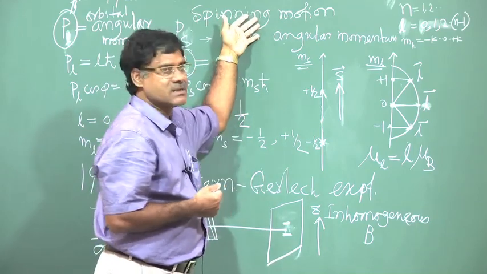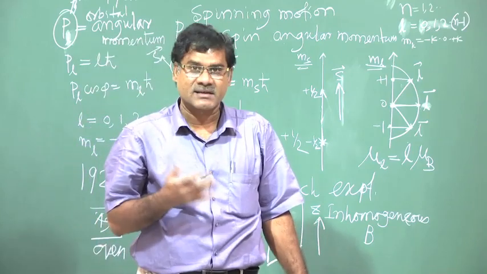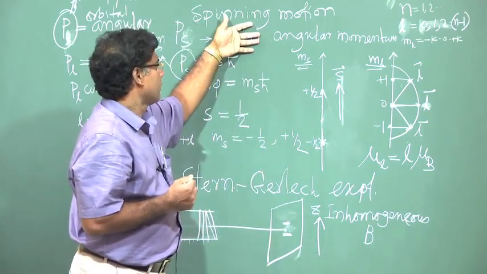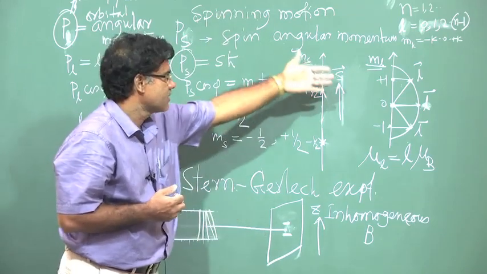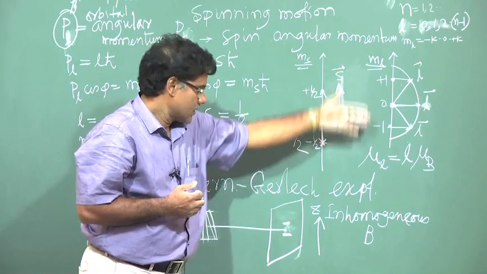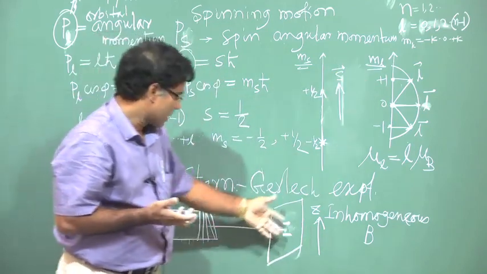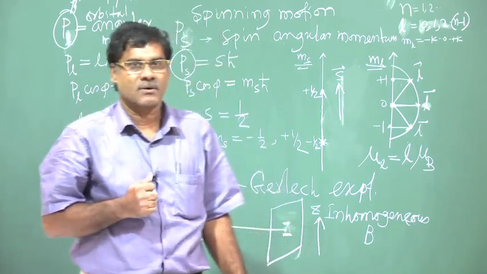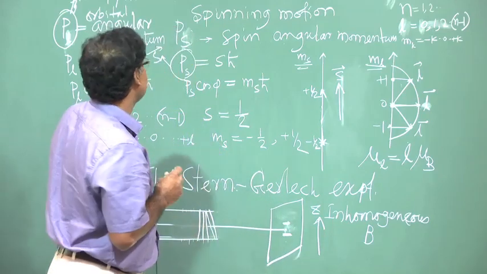That was considered to explain the fine structure. But before that, this experiment was done to see the space quantization. But the experimental result is telling no, whatever splitting we are getting is not telling about space quantization. So what is it telling? That was not known in 1927.